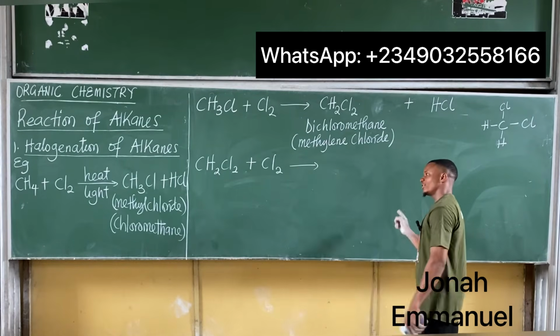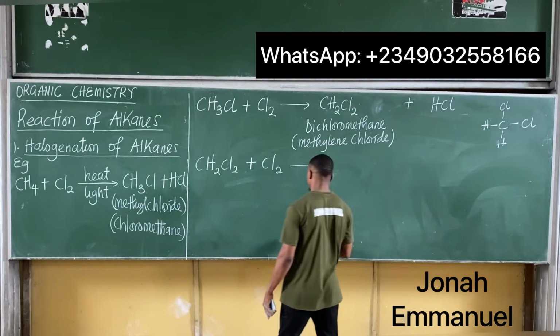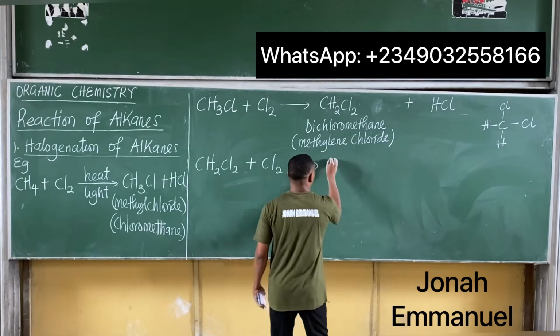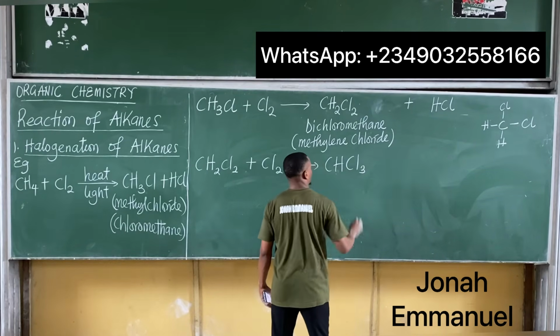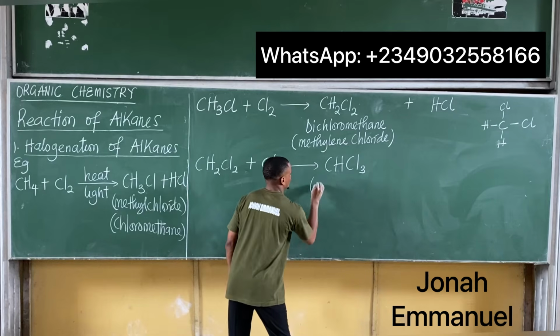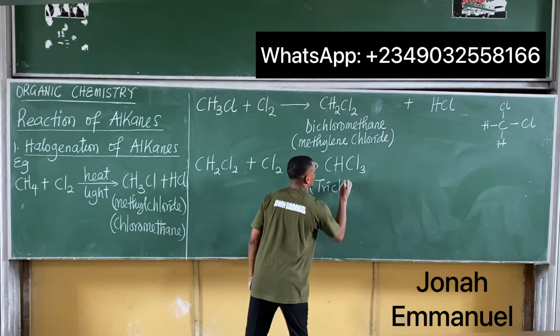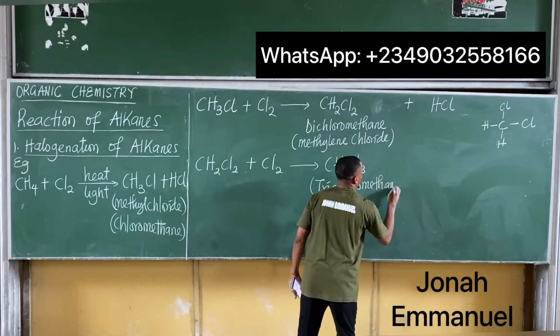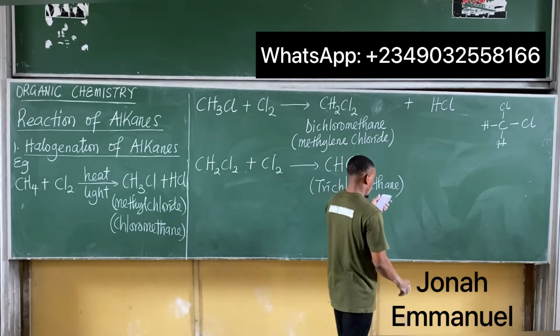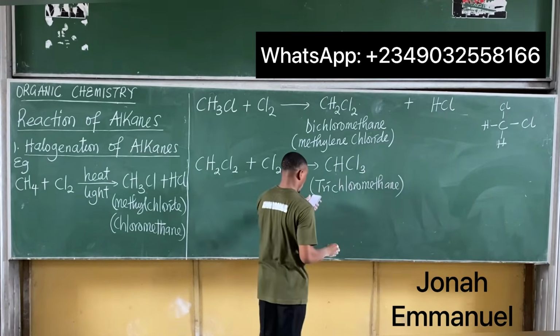It's now going to 3, trichloromethane. What will be your formula there? CH, Cl3. This becomes trichloromethane or chloroform.